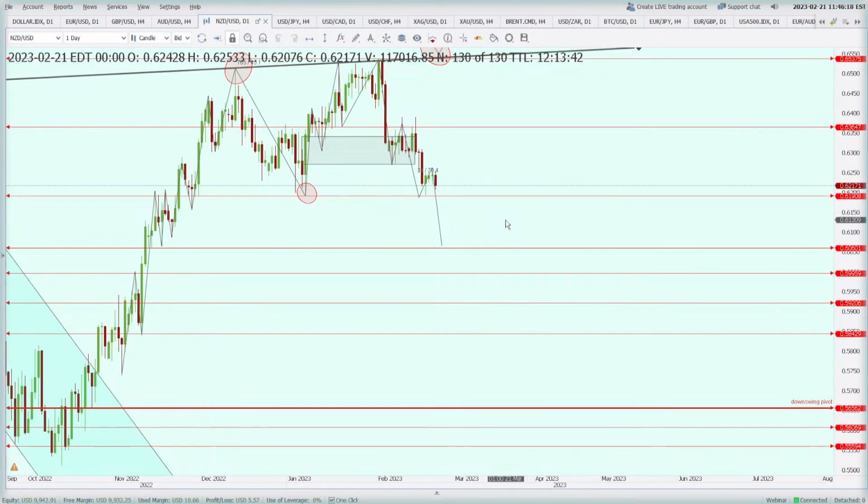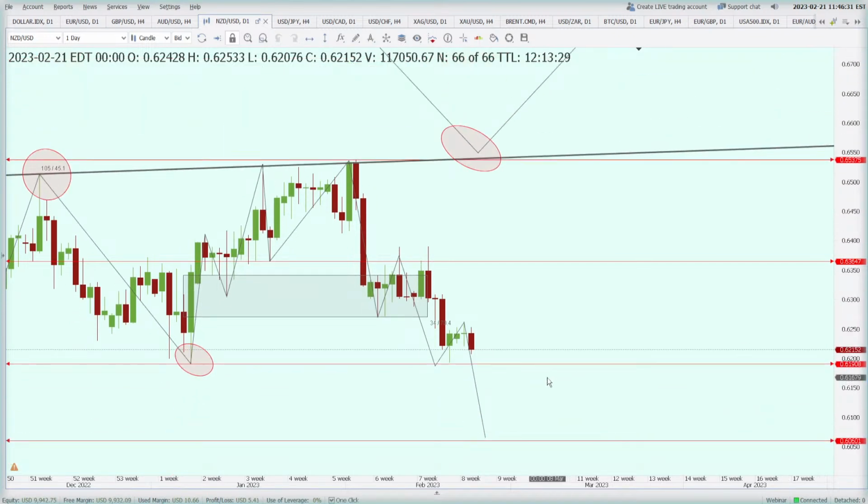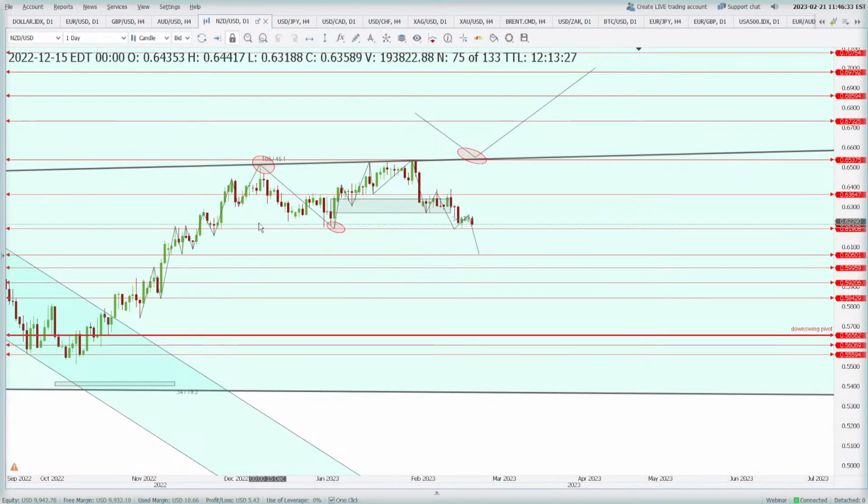New Zealand dollar on similar lines. You see here, after taking support here, this level has acted as a resistance 3 times, 0.6364, and now the price has almost reached the 0.6190 area. Breaking this level will be a confirmed double top breakdown.